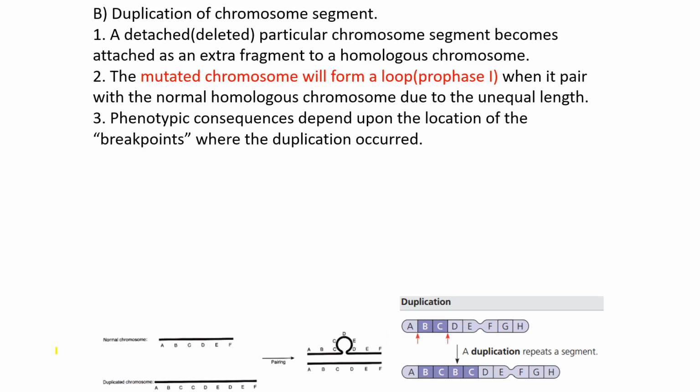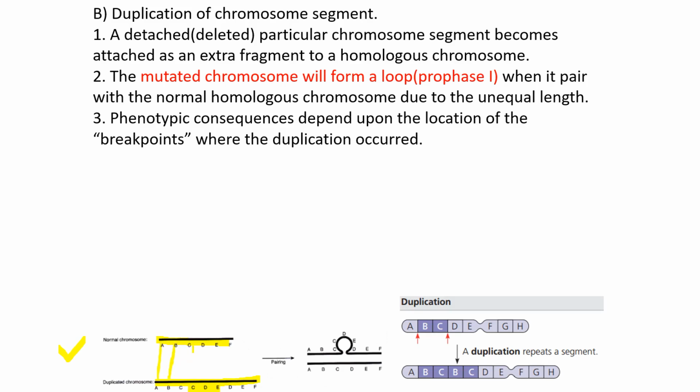Now, I purposely didn't put this part in your module, so I want you to draw it. This is the normal chromosome. You can see the segments here, A, B, C, D, E, and F. And then this is the other chromosome, the duplicated chromosome, which has a duplicated segment of C, D, and E. So what happens here? A will pair with A, B will pair with B, and so on.